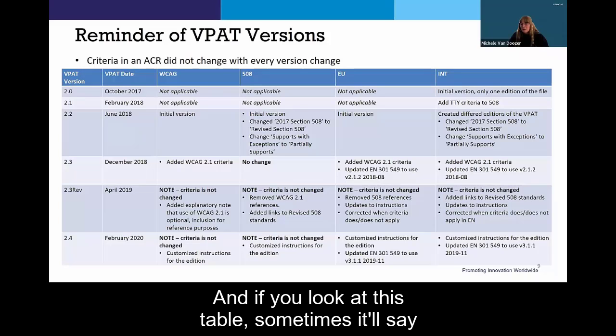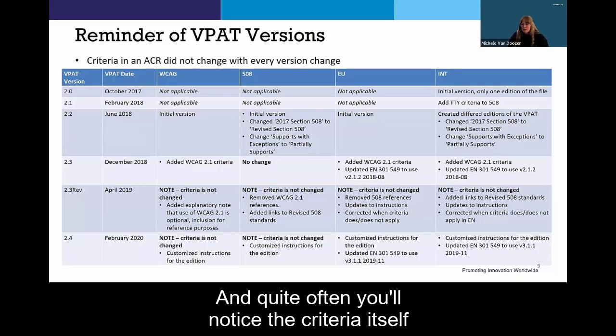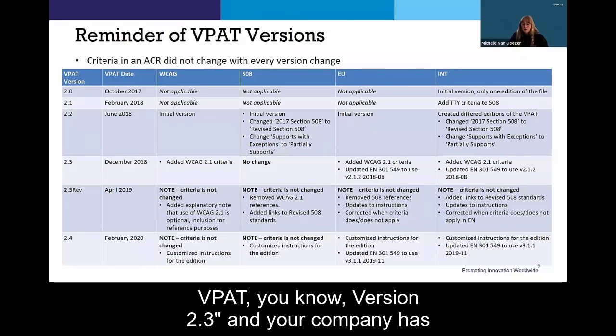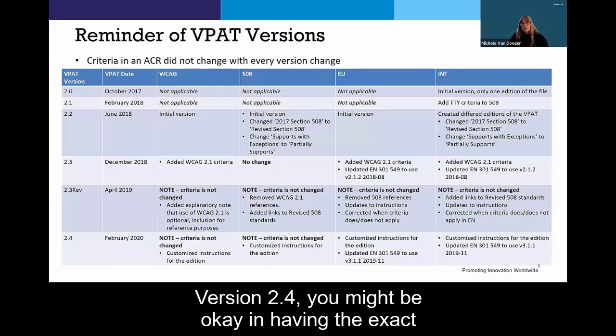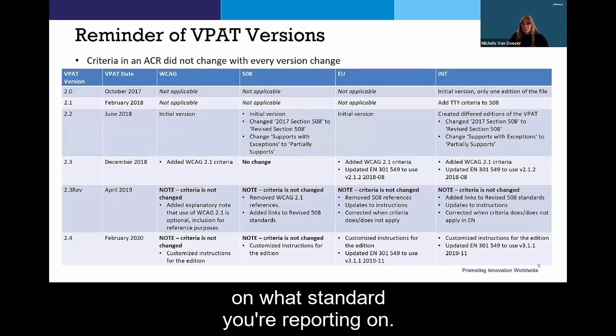And if you look at this table, sometimes it'll say no change when a new edition comes out. Quite often, you'll notice the criteria itself did not change. So if your customers are asking you for VPAT version 2.3, and your company has version 2.4, you might be okay in having the exact information that they're looking for, but it depends on what standard you're reporting on.